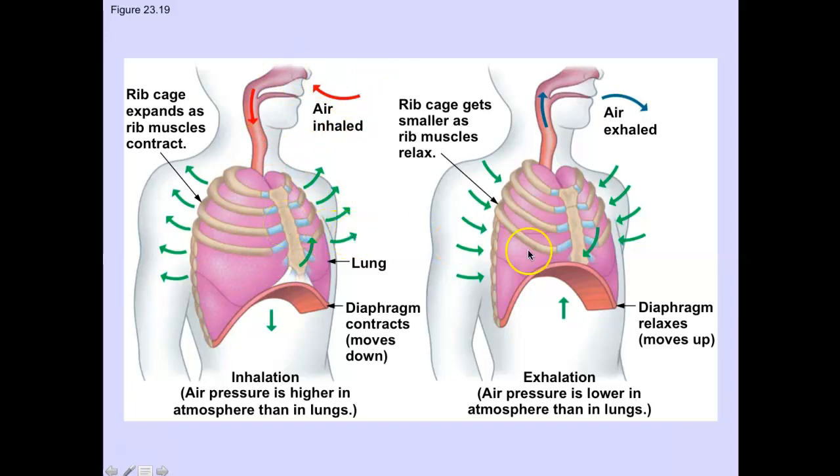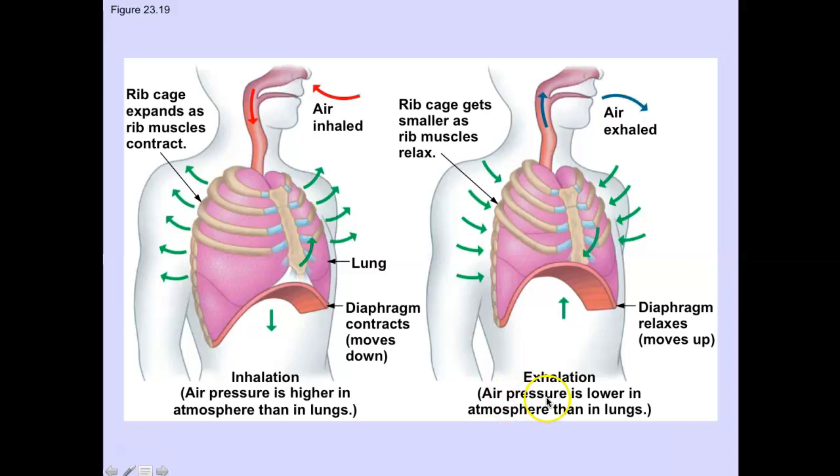That's obviously inhaling. When you exhale, different muscles will move the ribs down and move the sternum down. The diaphragm relaxes, and when the diaphragm relaxes, it becomes very dome-shaped. Everything that happens here makes the volume smaller. So when the volume gets smaller, the pressure is higher.